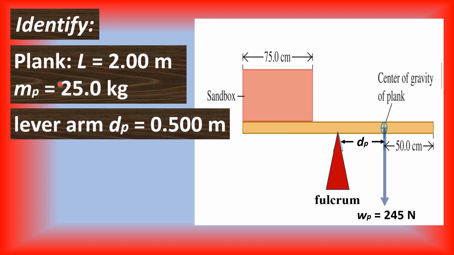Its corresponding weight, labeled W sub P, is 245 newtons. Notice that the line of action of W sub P passes through the center of gravity of the plank.